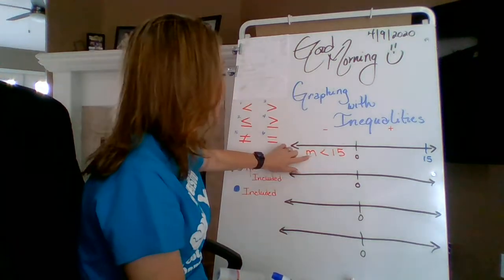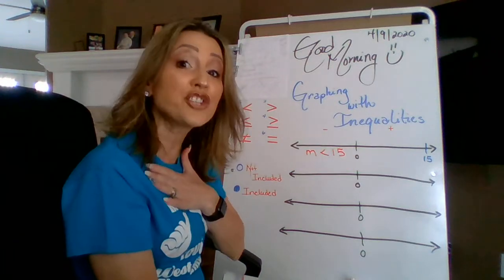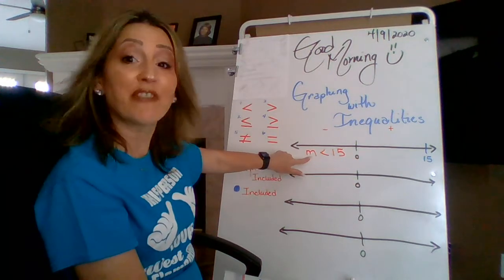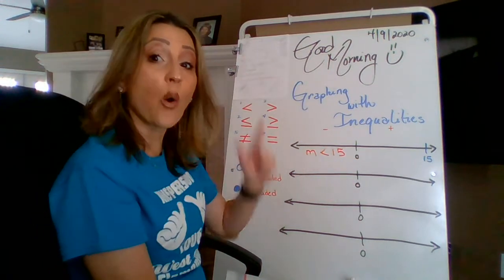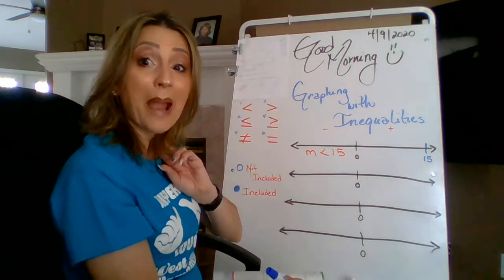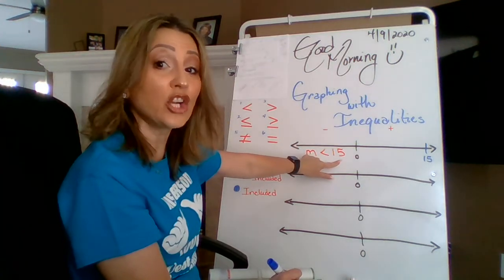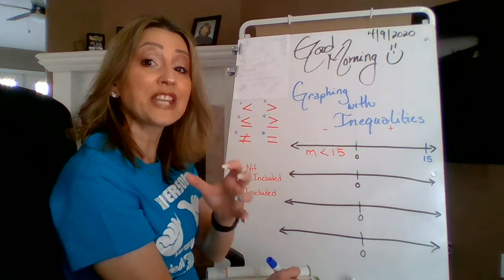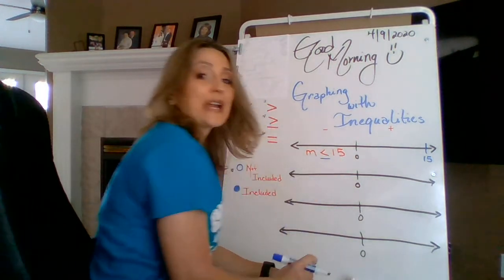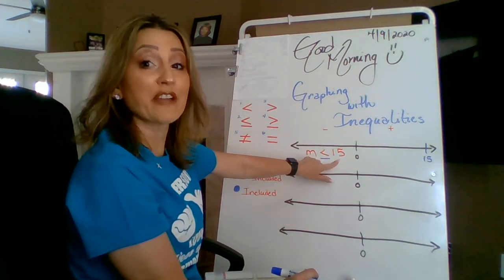So if this tells me that m is less than 15, what I need to do in graphing is start at 15, because I know that my variable is never going to be bigger than 15. So that's where I first want to start my plotting. In this case, it doesn't say that 15 is included. Remember, if 15 can also be a solution, there will be a line under the symbol that says m is less than or equal to 15.